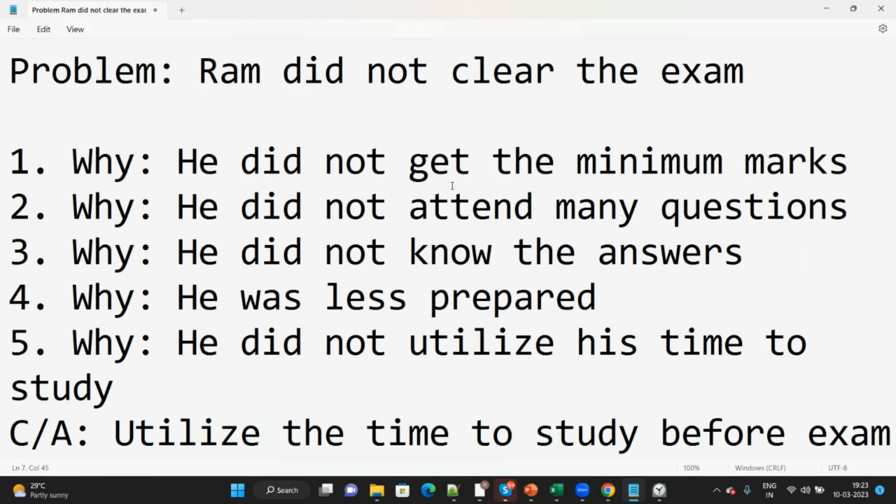In the next session, the last part of problem solving will be covered, and then we will proceed with a very important skill, which is PowerPoint presentations.